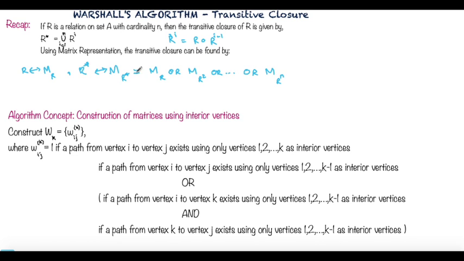Note that these are 0-1 matrices, so we can find the bitwise OR operations for corresponding elements. All of them are square matrices because the relation is from A to A.